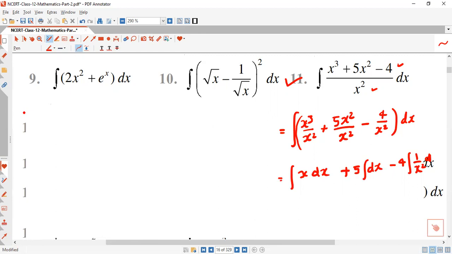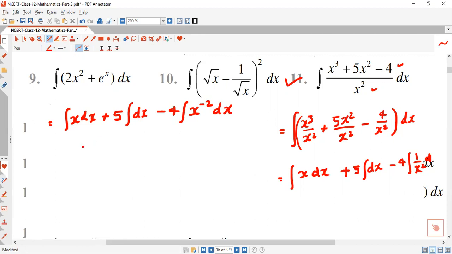Now, better, I will write this on the left side. The integration becomes integration of x dx plus 5 times integration of dx minus 4 times integration of 1 upon x square, taking the power of x to the numerator, x raised to minus 2 dx. Now apply the formula.